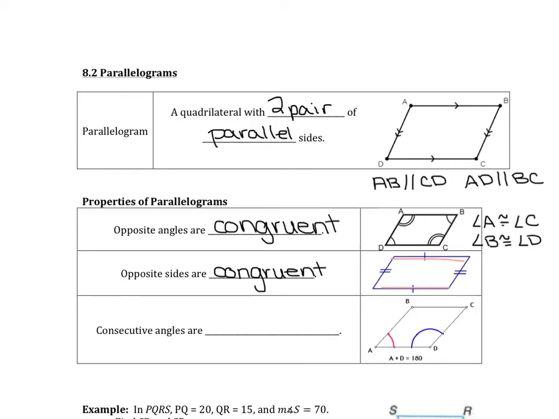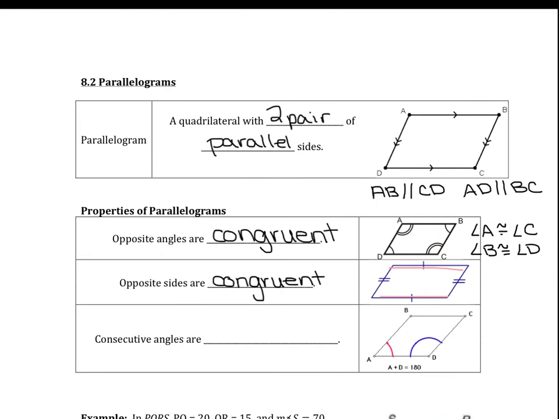Another property that's important for you to know is that the consecutive angles are supplementary. And remember, supplementary means they add to 180. So if I look at my parallelogram, A and D are consecutive angles.